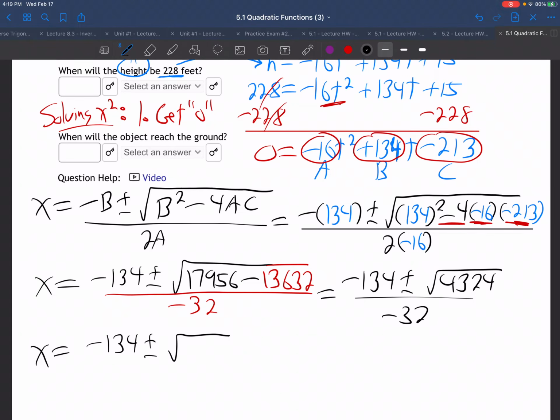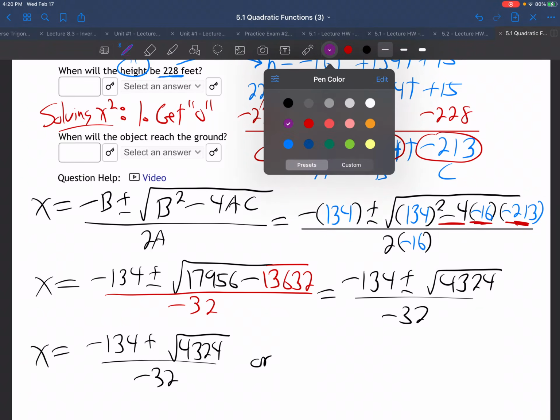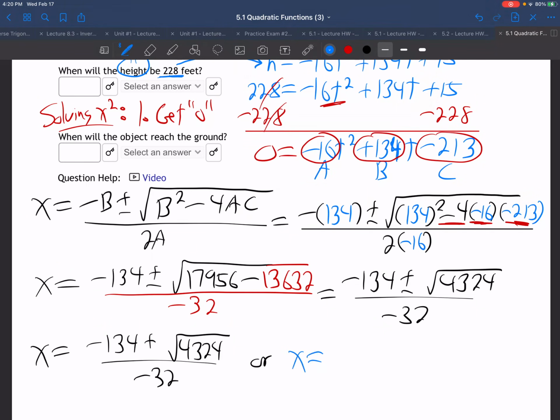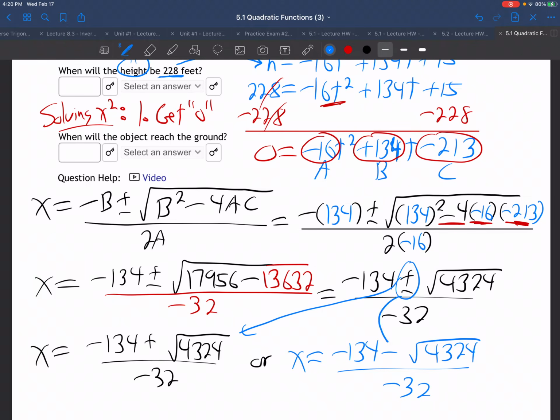Okay, and so that means we have two different options, right? Negative 134 plus the root of 4324 over negative 32, or the other one, because it's plus or minus. So it's the plus here, and here will be the minus, 4324 over negative 32.